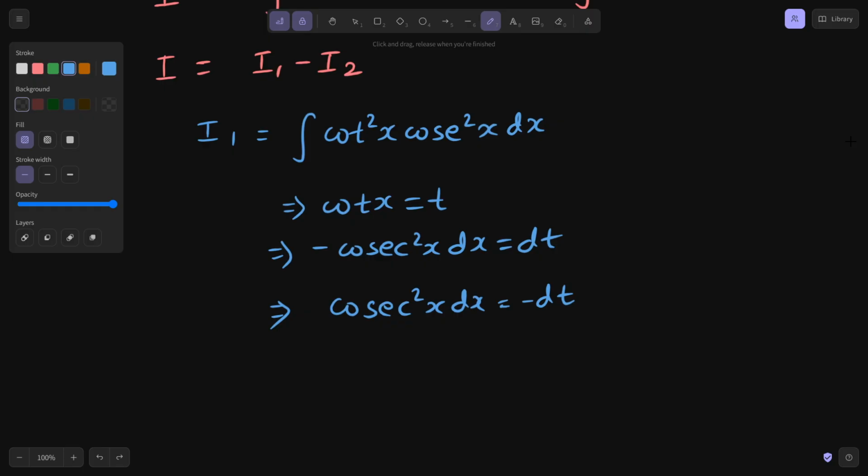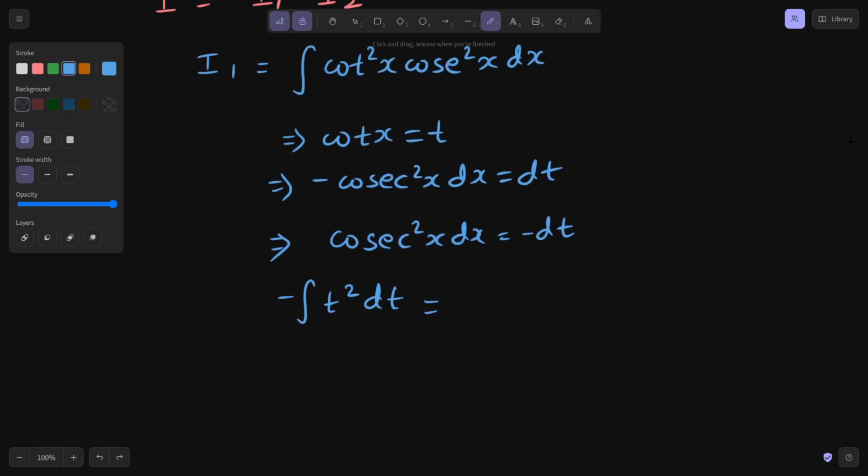Now my integral will look something like integral of, in place of cot²x I can write t², in place of cosecant²x dx I can write negative of dt. So this will give nothing but integral of t² is t power 2 plus 1 divided by 2 plus 1 plus constant, let's say c1, one minus sign was also there.